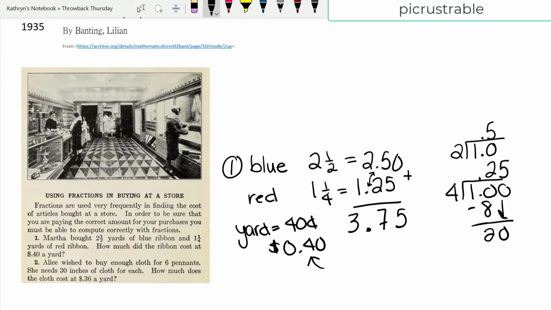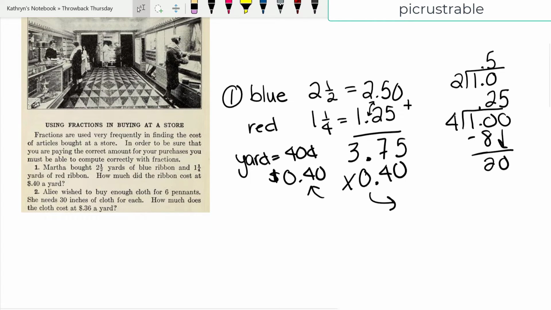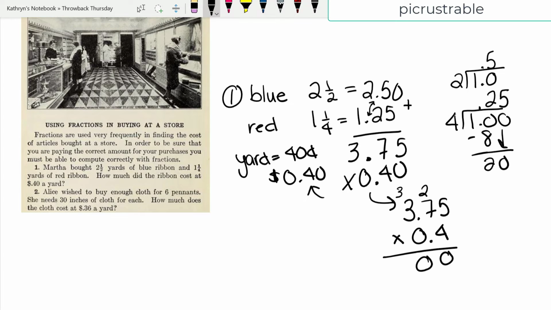If it's 40 cents a yard, we're going to take 3.75 times 0.40. Now this is the same thing as saying 3.75 times 0.4. And let's multiply. 5 times 4 is 20. 4 times 7 is 28, 29, 30. 4 times 3 is 12, 13, 14, 15.